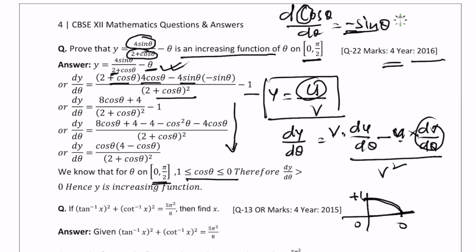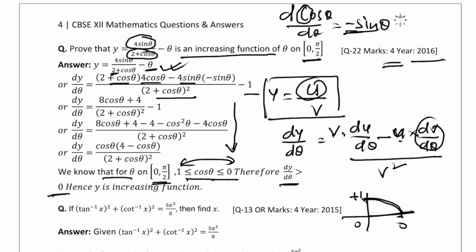If we plot this, cos theta in this range stays between 1 and 0. So in 0 to pi by 2, the cos theta value is between 0 and 1, greater than or equal to 0 but less than or equal to 1, correct? Therefore dy by d theta is greater than 0, correct?